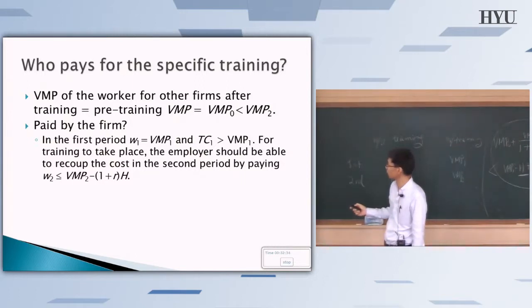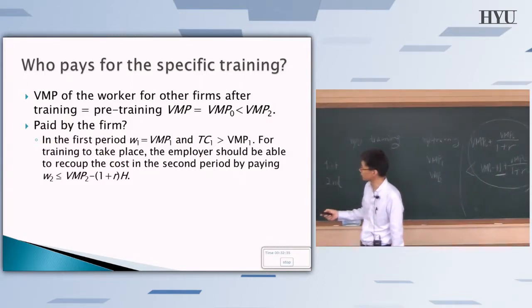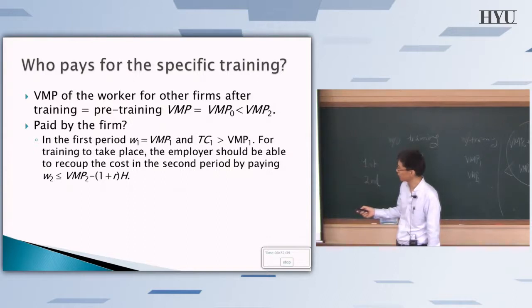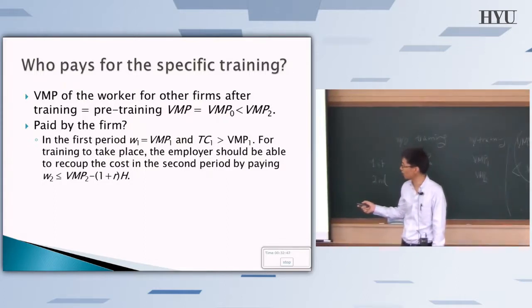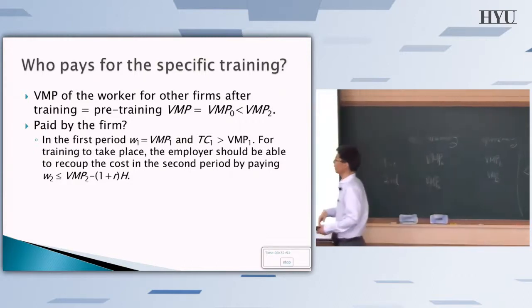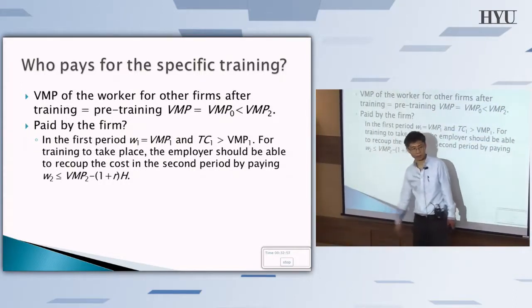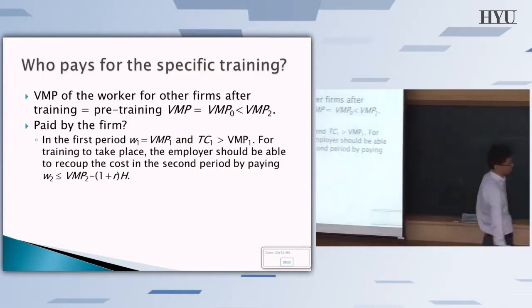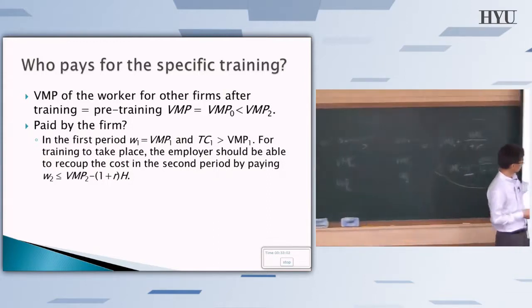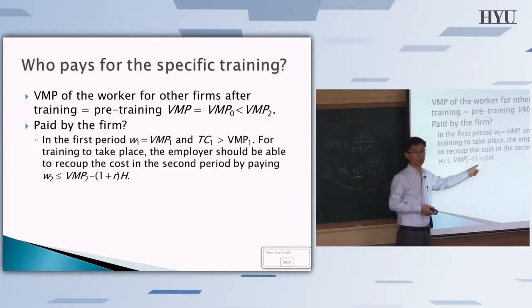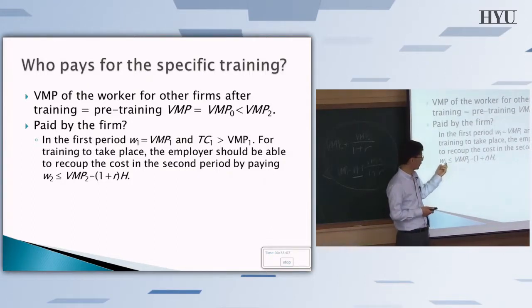Okay. So in the second period, what should be done? In the second period, the firm will pay BMP2 minus the training cost, with interest actually, BMP2 minus (1 plus R)H. So that means what? In the second period, the firm will pay less than BMP2. And there is a question. Since the worker is paid this amount, the worker has to decide whether to stay or to leave.